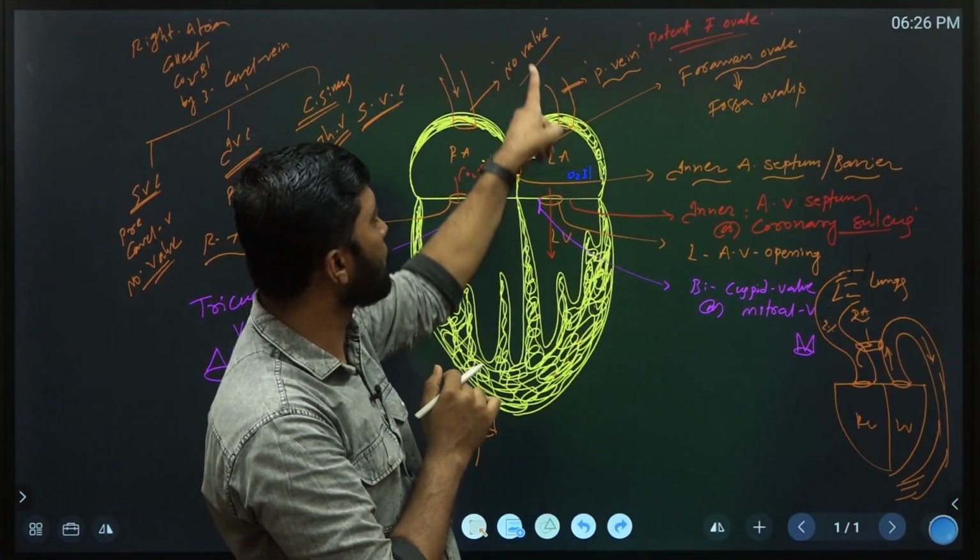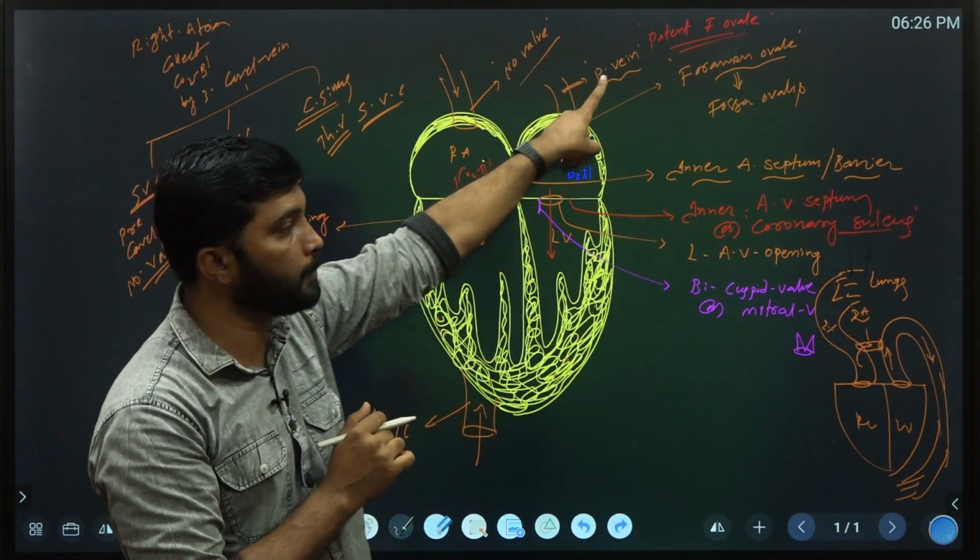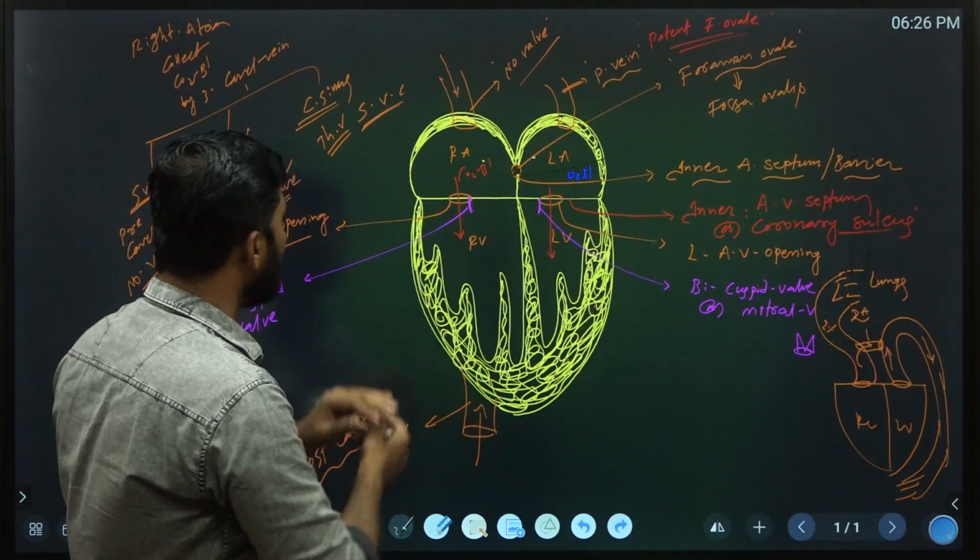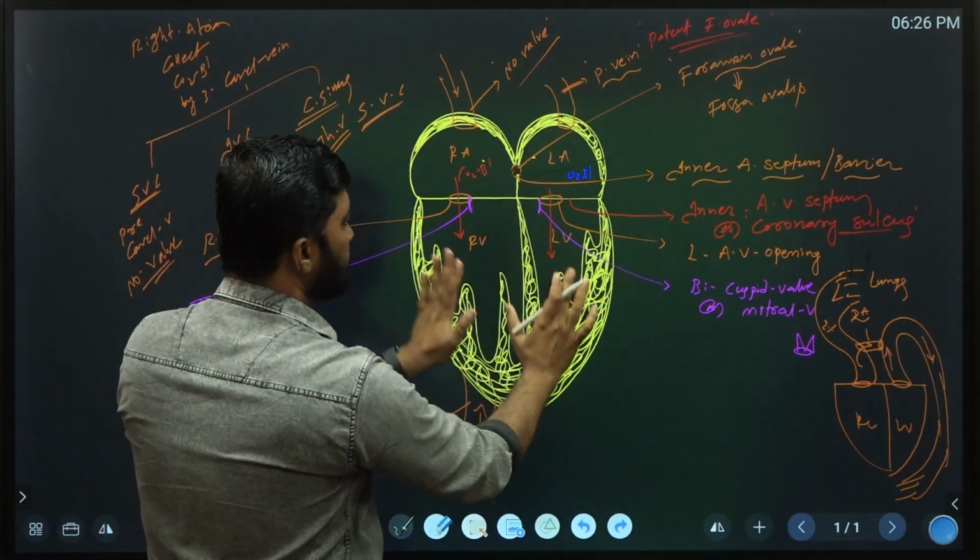The left atrium collects oxygenated blood from the lungs by the pulmonary vein. Next, after the auricles, the ventricles.